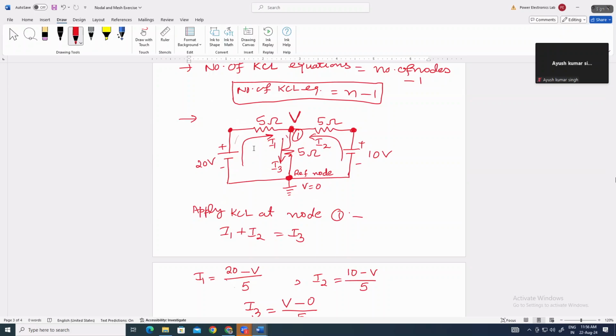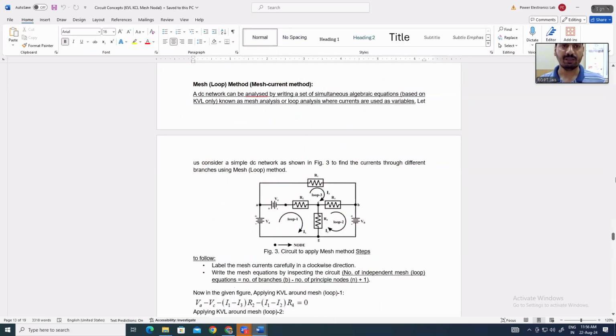Yes, sir. Okay. I have sent to you this PDF file of circuit concepts where KVL, KCL, mesh and nodal analysis is given. I have sent you this PDF file already. Due to the complex circuit here, I have taken a simpler circuit for your better understanding.